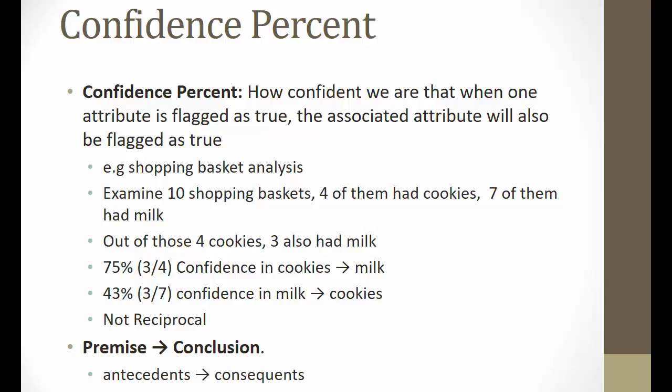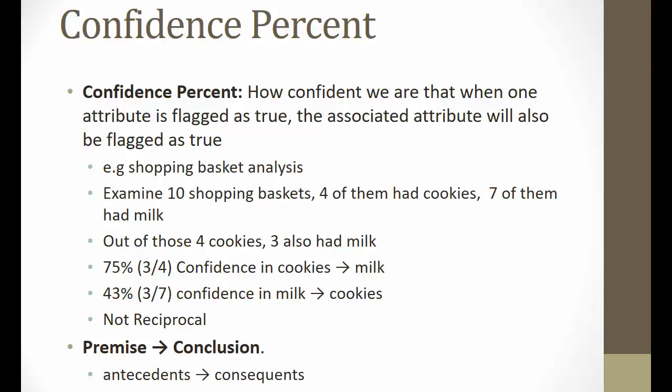Remember, 3 out of 10 baskets had milk and cookie together. Now, how many of them only had cookie? 4 of them. Then the confidence for cookies leading to milk will be 3 divided by 4, which is 75%.